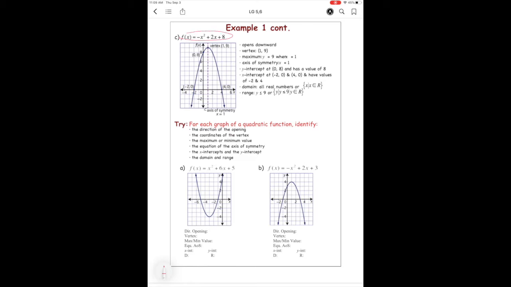And C, the same thing. Again, make sure you use your Desmos to put that in, to get that picture, and then you can get all these answers. Okay, so you can pause it, and you can try these two and check with me.